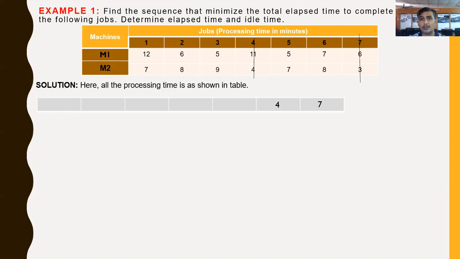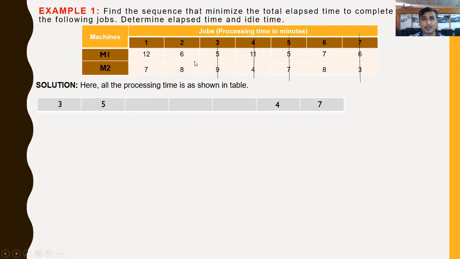So as per first come first serve, job number 3 is operated first, then job number 5. And here it is machine 1, so we have to write down on the left hand side. So first we select job number 3, then job number 5.